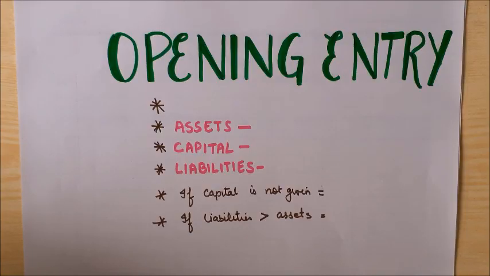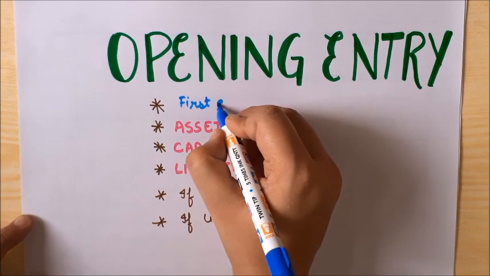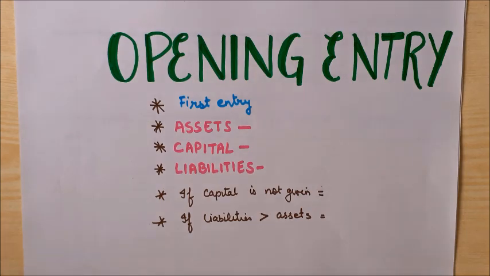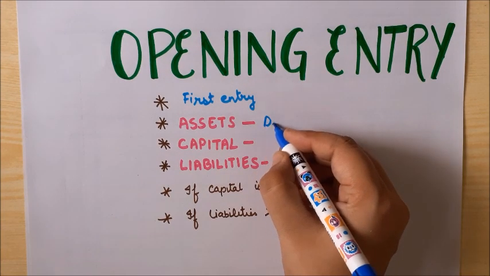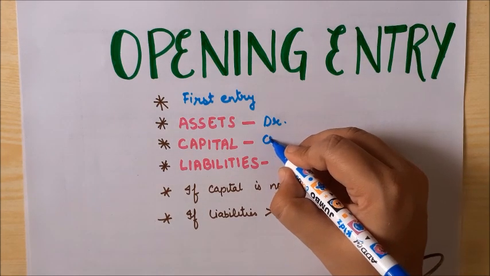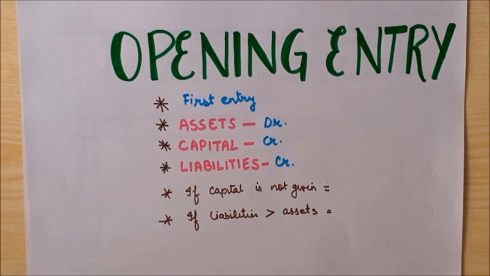Every firm closes the books of accounts at the end of the year, so the closing balances are carried forward to the next year. In the new year, it is the first entry which is passed, that is why it is called the opening entry. In the opening entry, you will debit all the assets, you will credit all the capital, and credit all the liabilities.